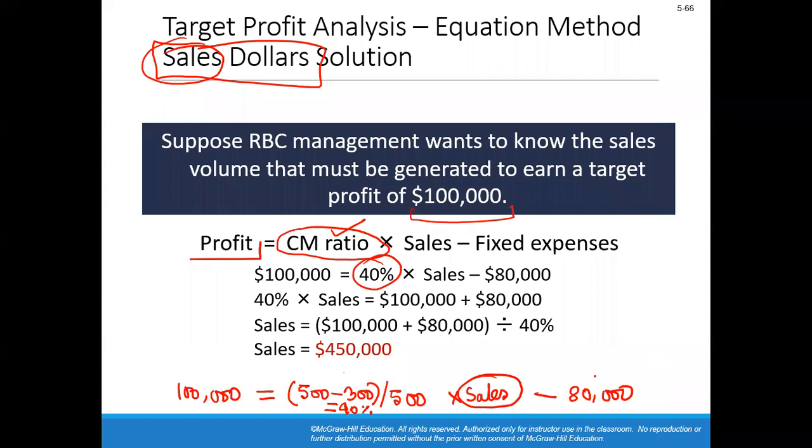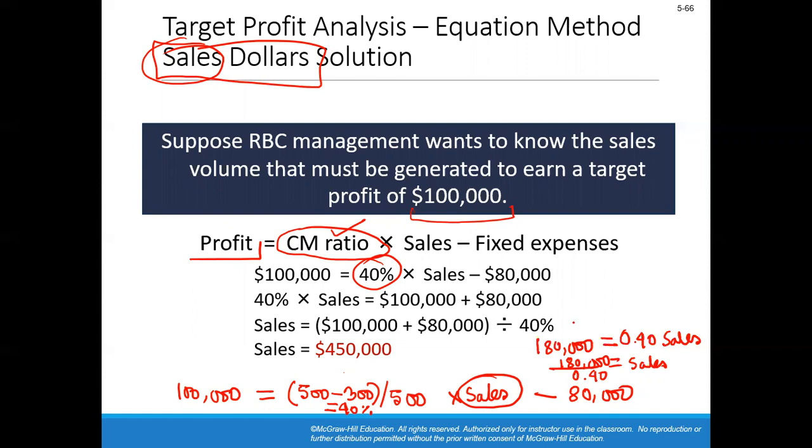We can get 0.4 sales, and we can take it as 180,000 if we transfer this to the left side, and sales should be equal to 180,000 taka divided by 0.4 contribution margin.